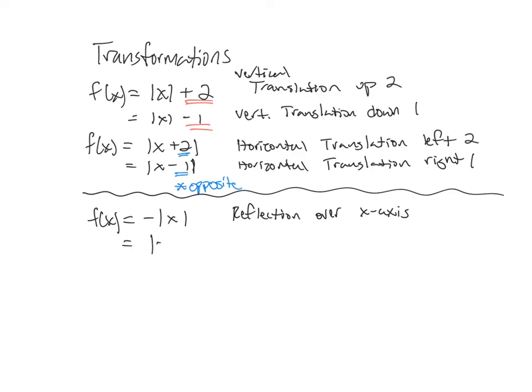If there's a negative on the inside, it's a reflection over the y-axis. Okay, but it's got to be in the front. So you can see it's in the front of the absolute value and it's in front of the x. If it's after the x, then it's like one of these up on the top. It's a translation. All right, one more screen. I don't want to try to squeeze it in.